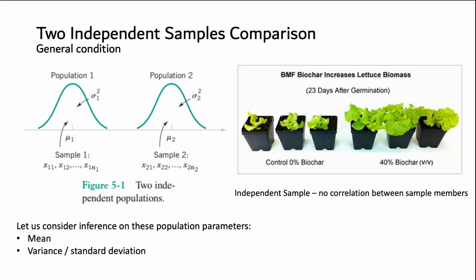While on the right, we can look at a group of vegetables which were grown with the help of 40% of biochar. Those vegetables were grown from different seeds, so they are independent samples. They don't have correlation between each sample member.